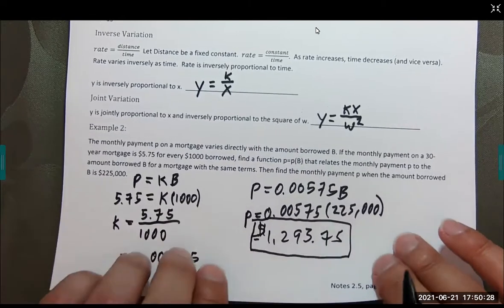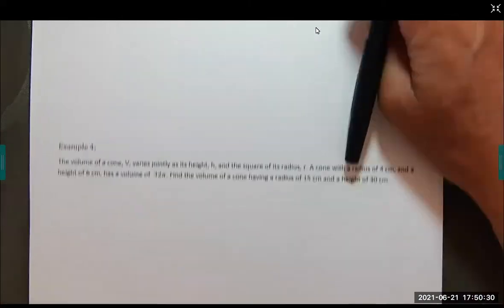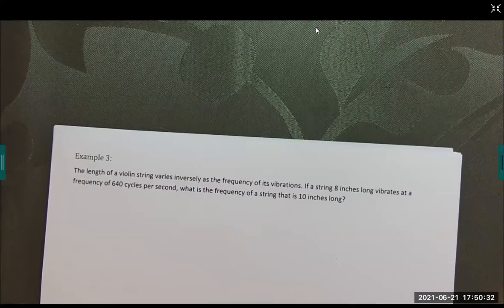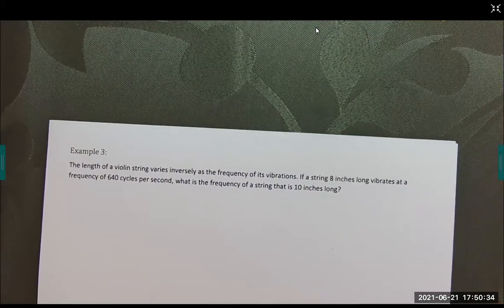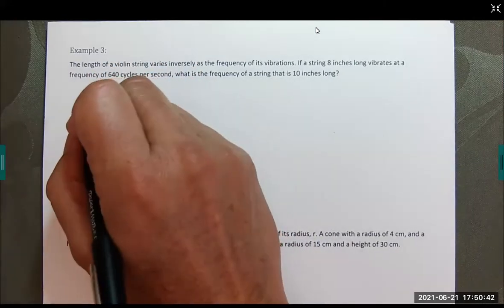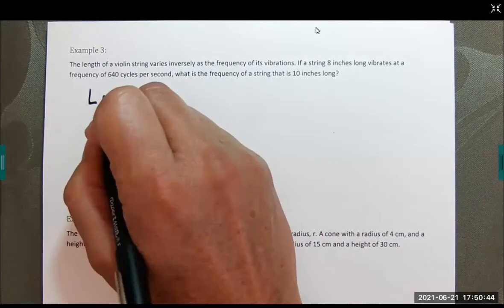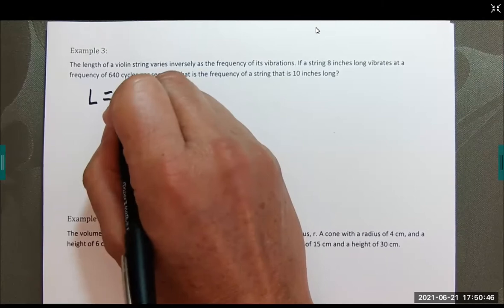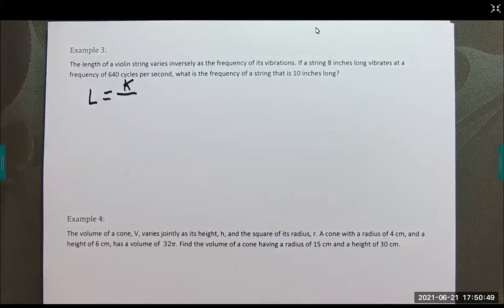Next up, a couple more examples. The length of a violin string varies inversely with the frequency of its vibrations. So let's do that. The length of a violin string varies inversely with the frequency of the vibrations.